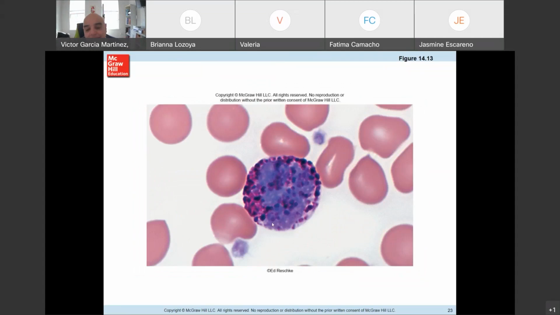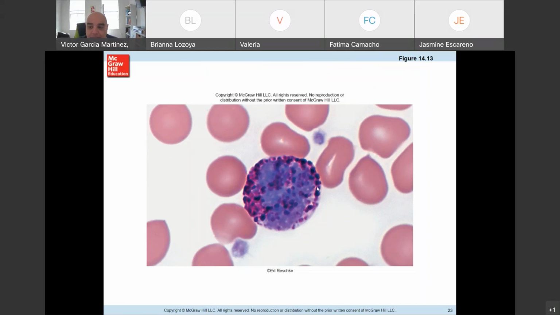Then we have this one with granules as well. This is the least common white blood cell, and this is called basophil. And this one has dark bluish granules inside. Again, it's the least common, it's less than 1%.